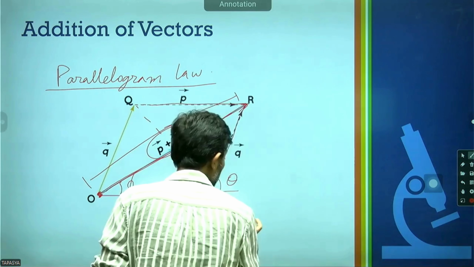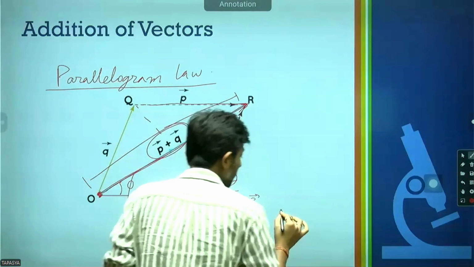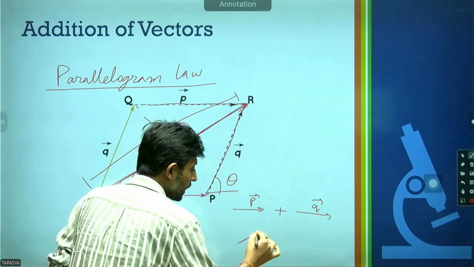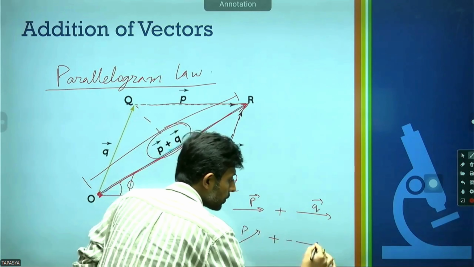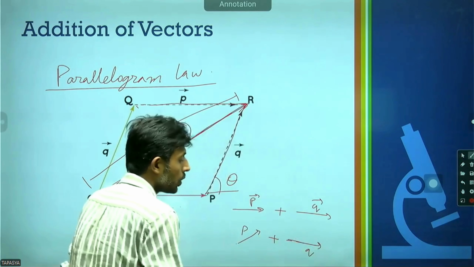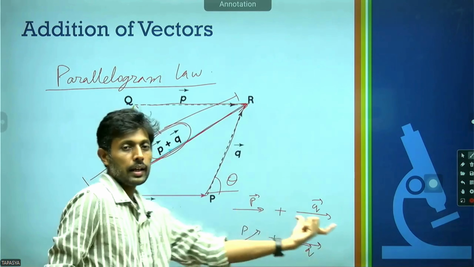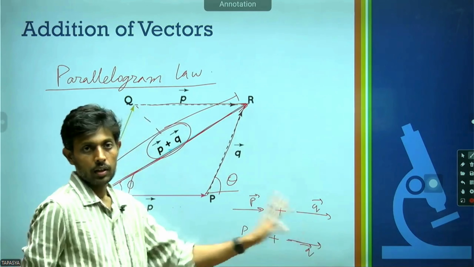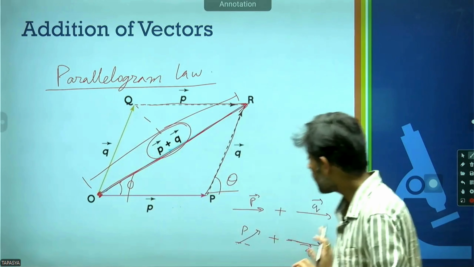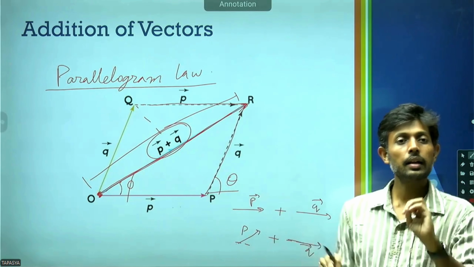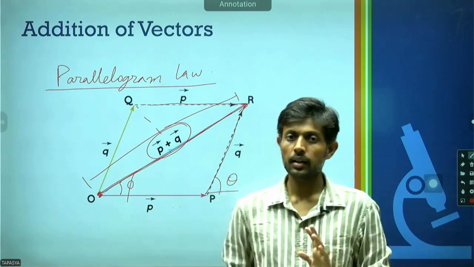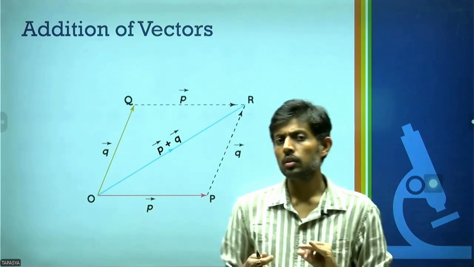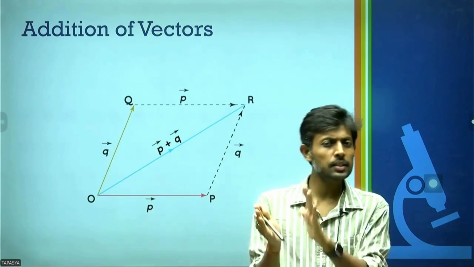So adding vector P plus vector Q at one angle is different from adding them at another angle, even though their lengths may match. So the angle also comes into the picture. That is why vector addition is different from scalar addition. Then we saw two laws, the triangle law and the parallelogram law. Basically, these are methods to add vectors.